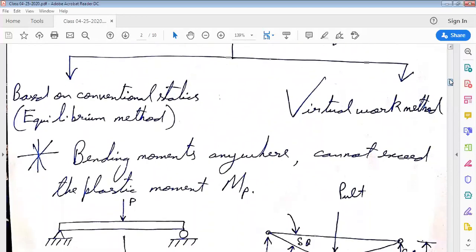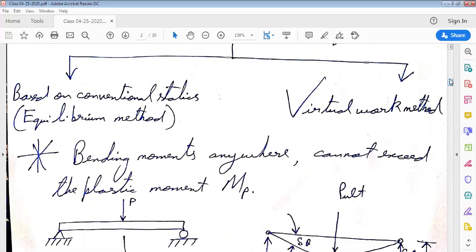One thing we have to keep in mind is that during plastic deformation and while doing the plastic limit analysis, bending moments anywhere cannot exceed the plastic moment MP. The maximum moment which the structure can experience in a typical collapse mechanism is MP.